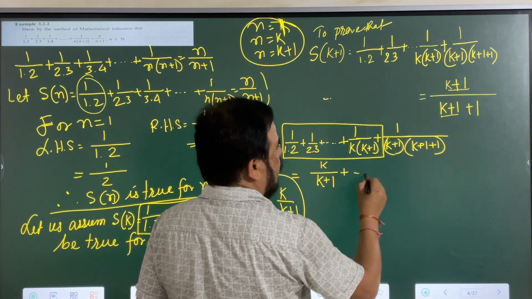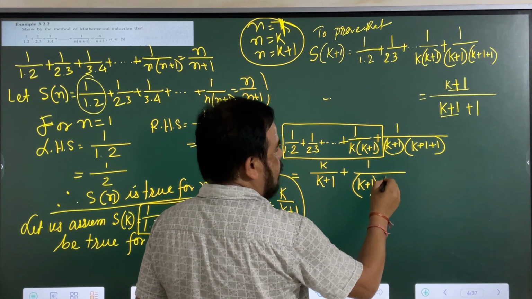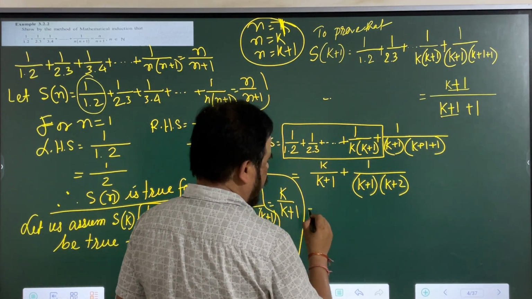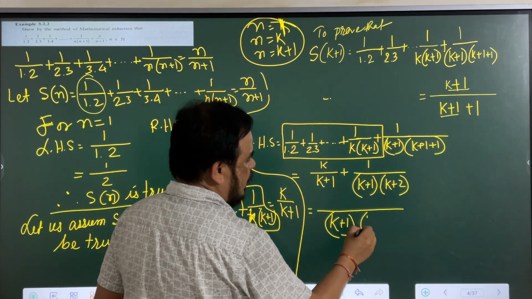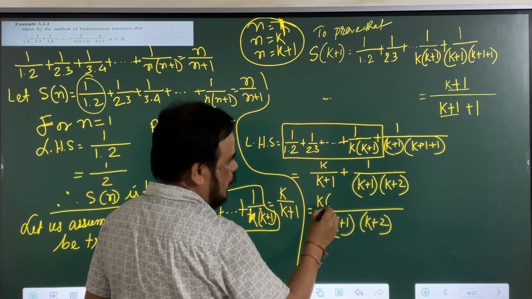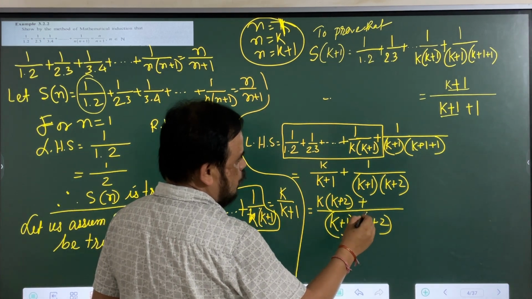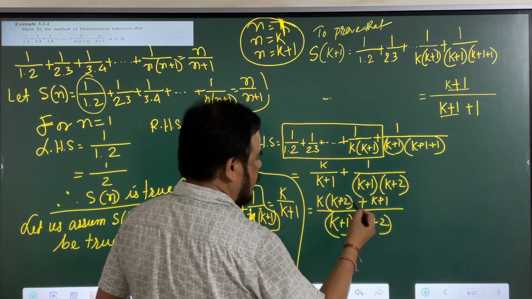Plus this one we will calculate: 1 by k plus 1 into k plus 2, since k plus 1 plus 1 is k plus 2. We will take the LCM now: k plus 1 into k plus 2. So here k into k plus 2 plus 1, here k plus 1. I hope you understand how to take the LCM.